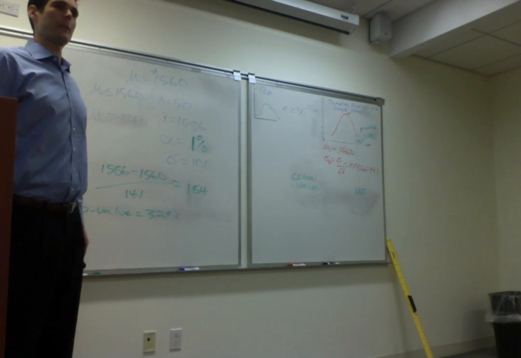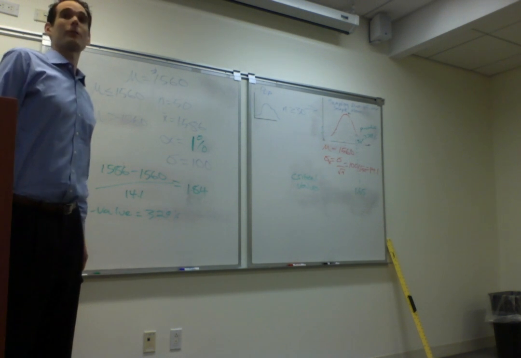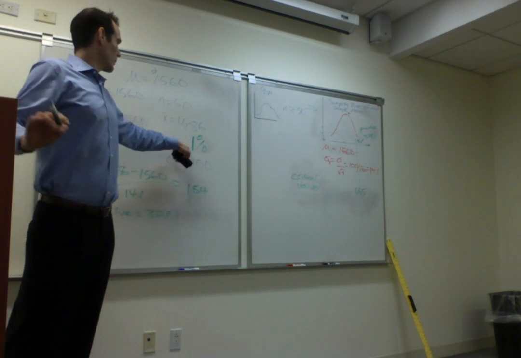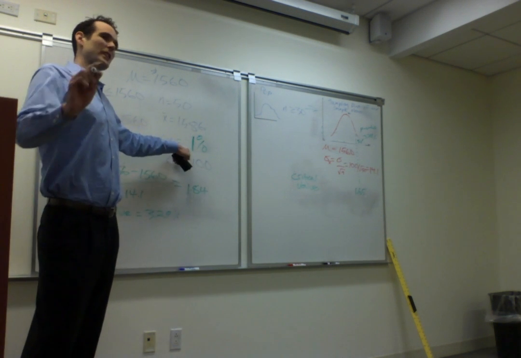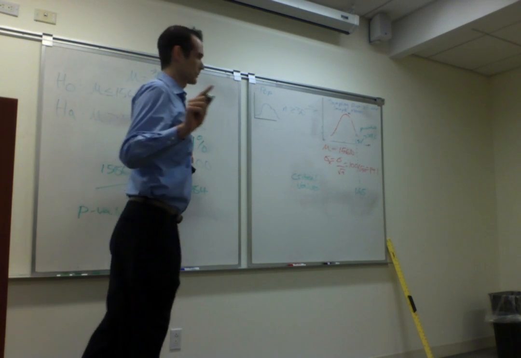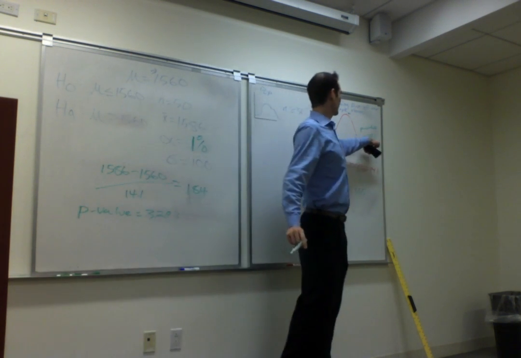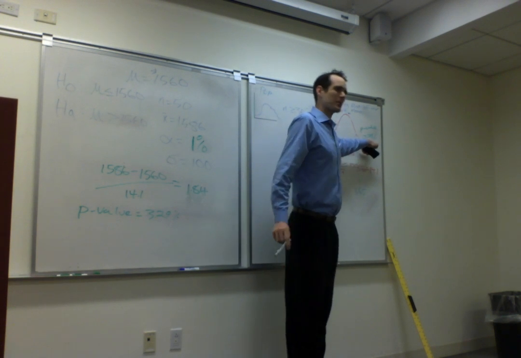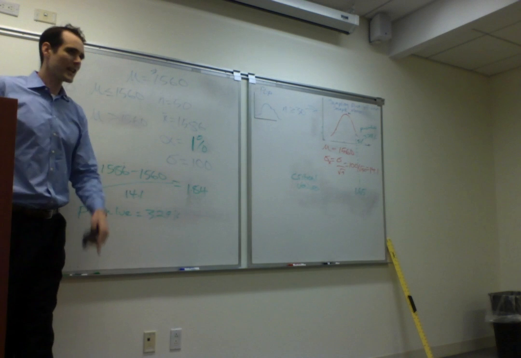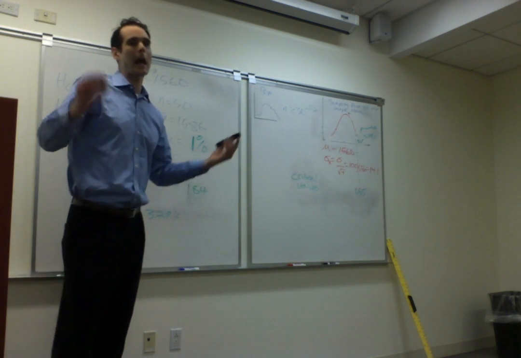Yeah, I shouldn't have said accept. Are we going to reject or fail to reject? Yeah, we can't reject it because we only want a 1% chance of something that extreme happening randomly. And we already decided that there's a 3.3% chance of this test statistic happening.